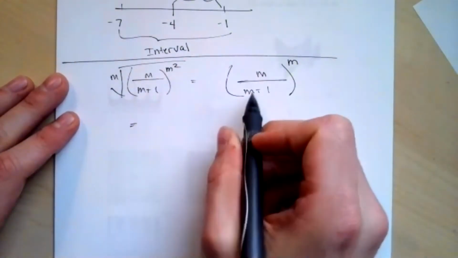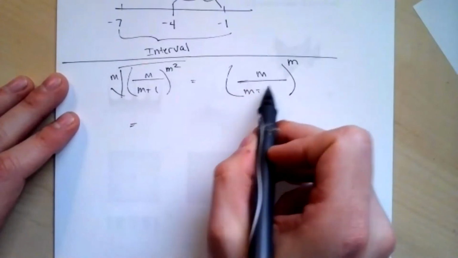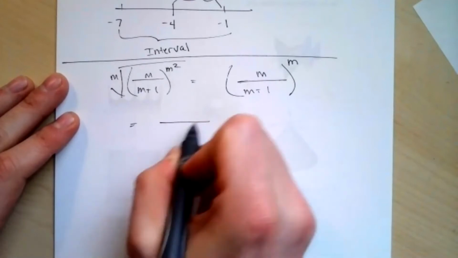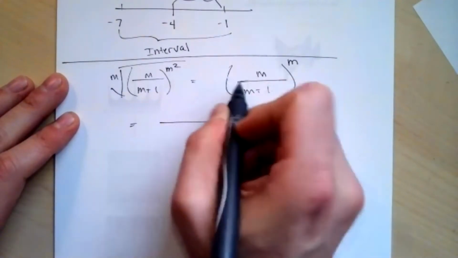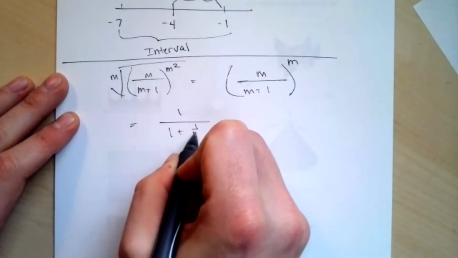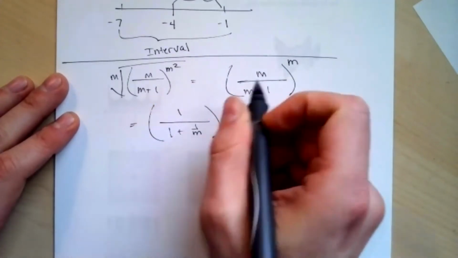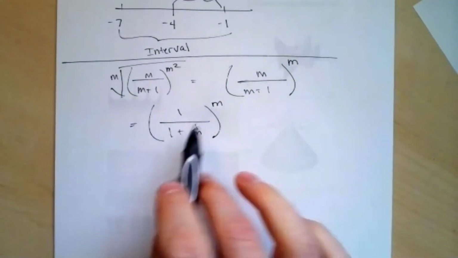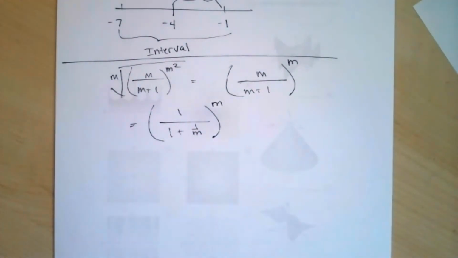If you compute this limit, it's going to be 1 to the infinity. You can get around some of the work by finagling it. If I factor out an m, you can get 1 over 1 plus 1 over m to the m. Oh, never mind, that's not going to work. Sometimes you can get e's out of expressions like this, but it's a rational one. It's definitely tough. I got stuck on this one.